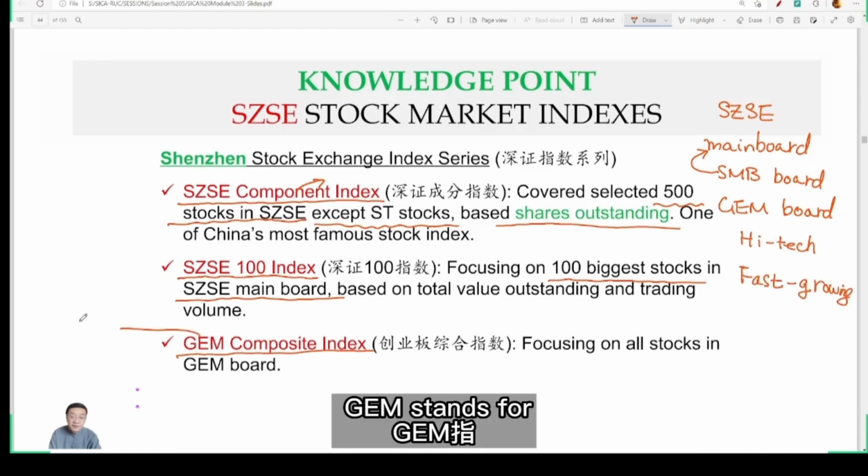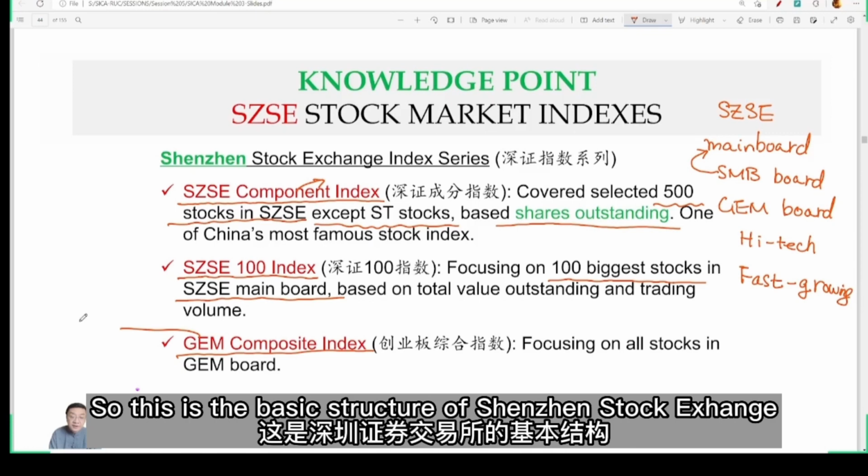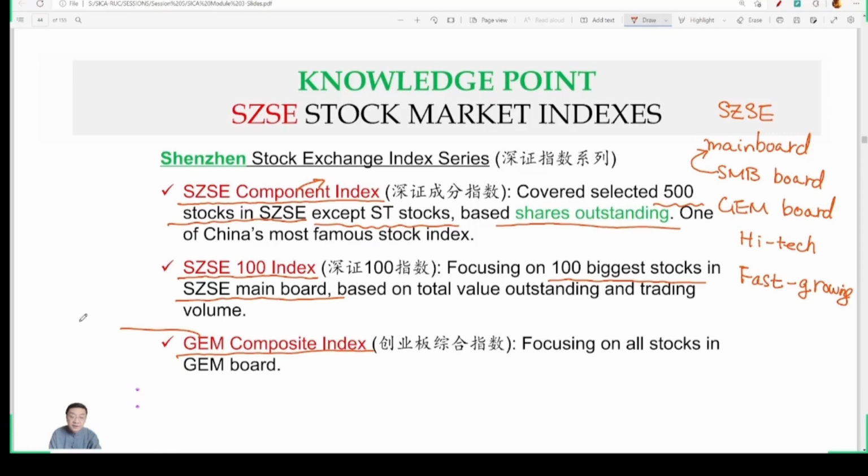GEM stands for growing enterprise market. So this is the basic structure of Shenzhen Stock Exchange.